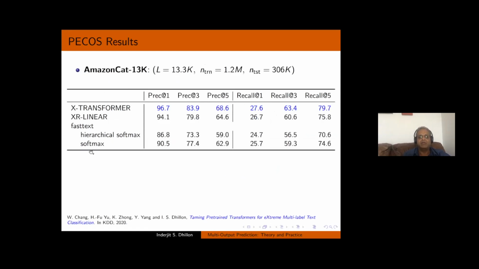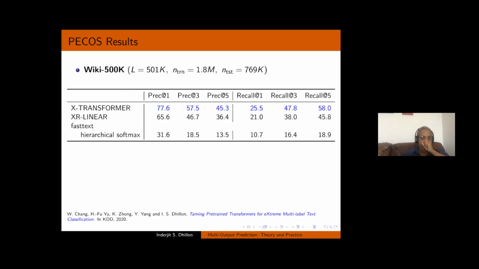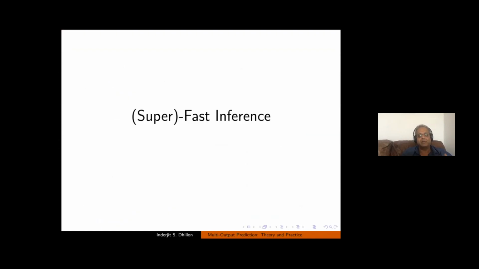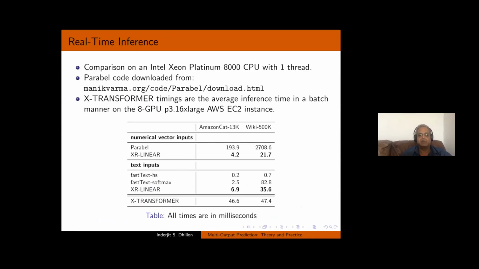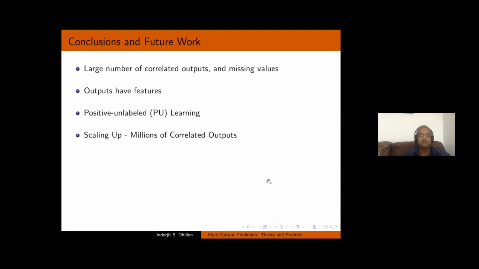And here we had both softmax and hierarchical softmax, but training softmax is actually very hard or takes too much time. So we actually had to stop that training. So even though we give the inference time, it's actually not a very good model over here that gives high precision.